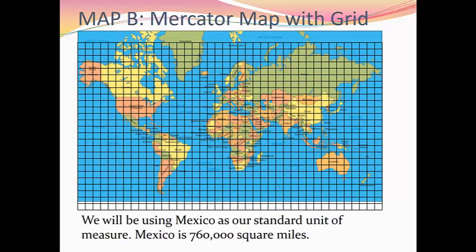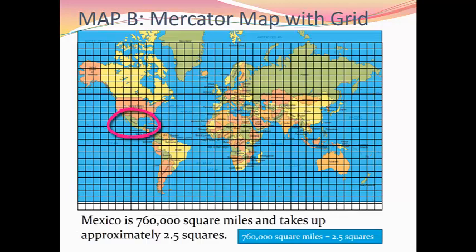on top. So what I want you to do is take a minute, there's Mexico again, and count the number of squares that you think cover the country of Mexico. Okay, so when I did this count, I thought that Mexico was approximately 2.5 squares.